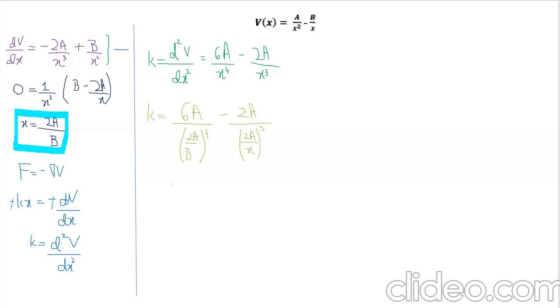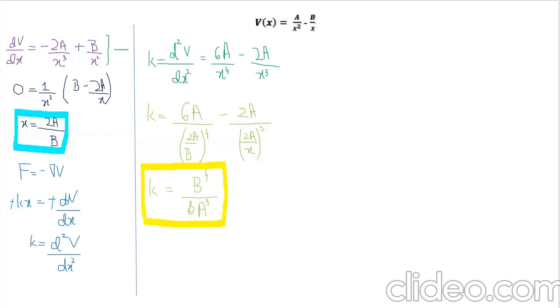After simplifying this expression, we get k = b⁴/(8a³). This is the value of k.